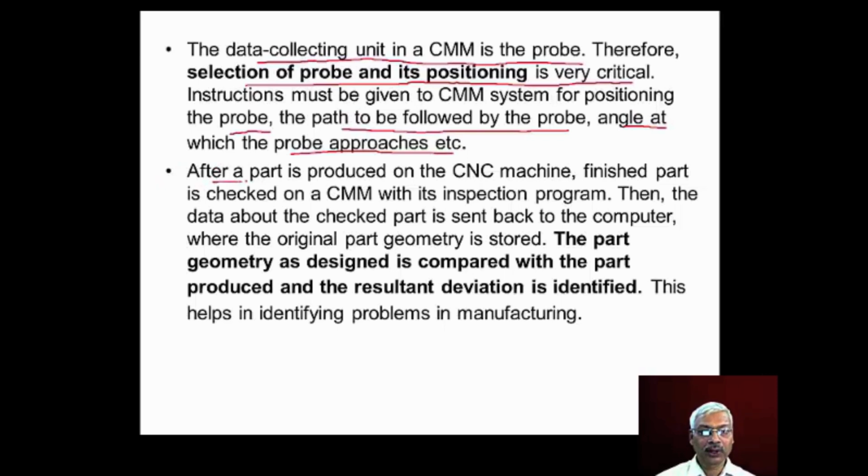After a part is produced on the CNC machine, the finished part is moved to the CMM, and the CMM inspects the workpiece using the inspection program. Then the data about the inspected part is sent back to the computer.